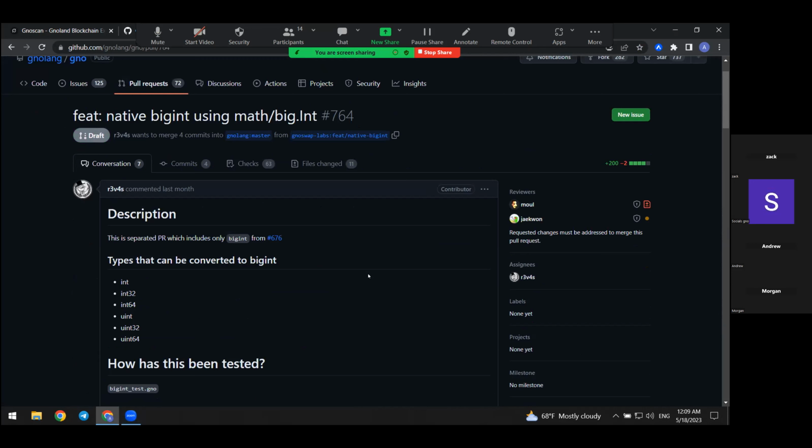I was also discussing briefly today with Manfred whether we should plan long term on adding reflect, and I think that's something we should consider. After that's done, we could port the entirety of encoding binary over to GNO.